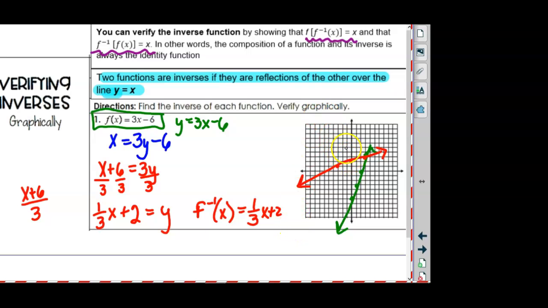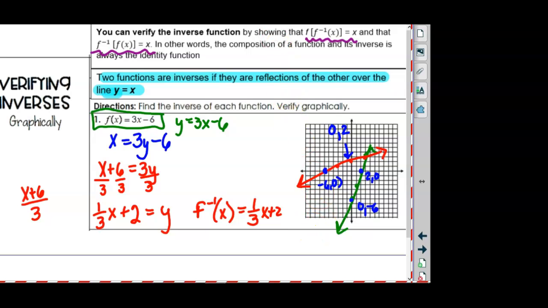So this ordered pair right here is 0, 2. Did we go through 2, 0 over here? This ordered pair down here was 0, negative 6. Did we cross back here at negative 6, 0? You get what I'm saying?